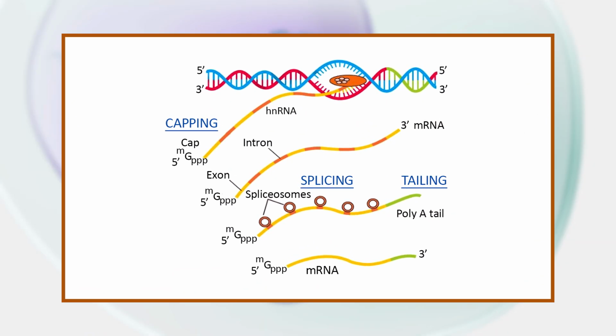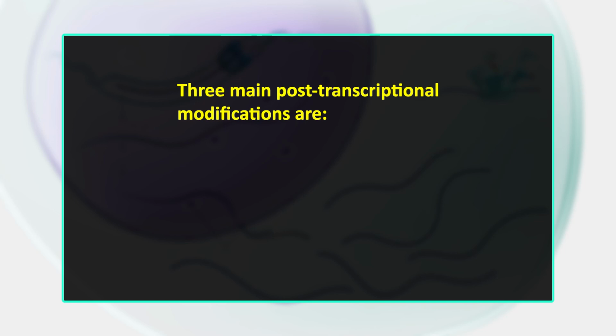RNA polymerase II produces hnRNA, or heterogeneous nuclear RNA, which is the precursor of mRNA molecule. hnRNA is non-functional and undergoes post-transcriptional modifications to produce the mature mRNA. The three main post-transcriptional modifications are splicing, capping, and tailing.